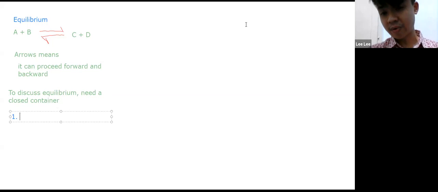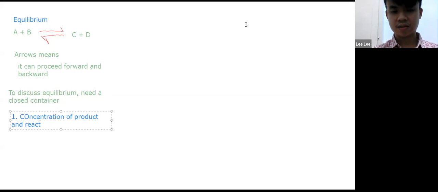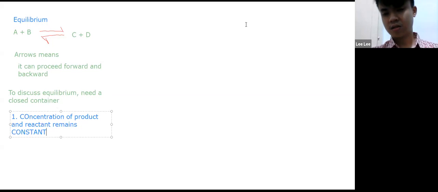It means you have reached a moment where the concentration of the product and reactant remains constant. They no longer move forward or backward. The concentration has stayed constant.